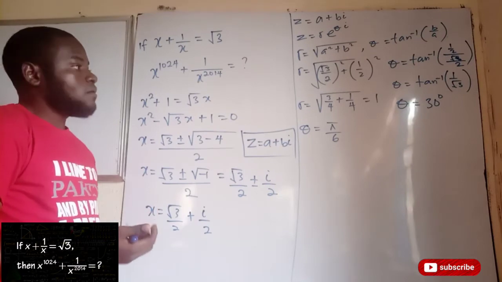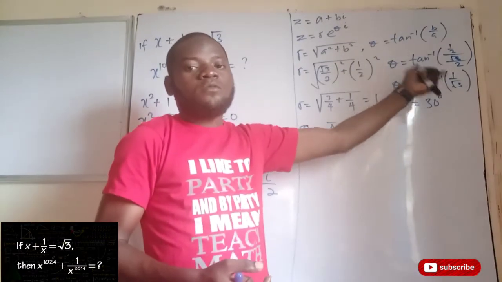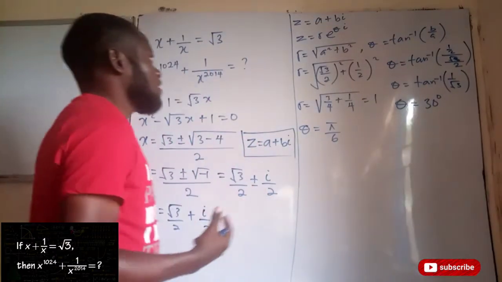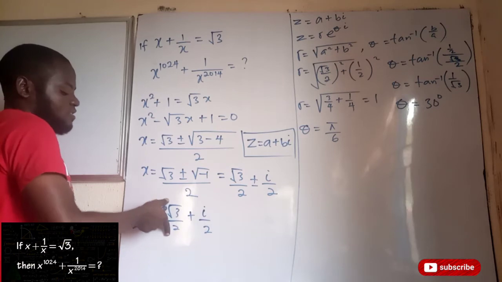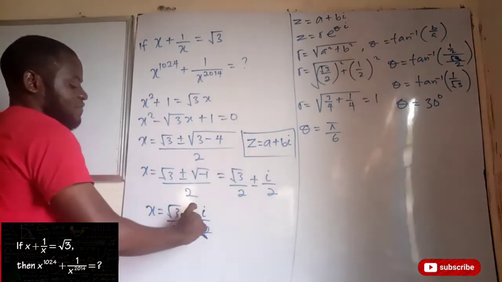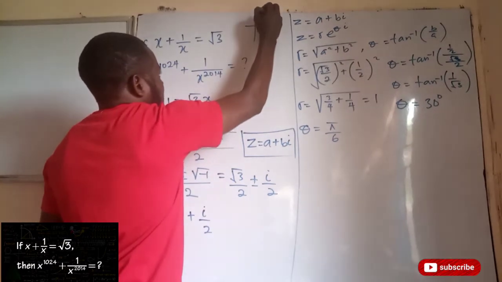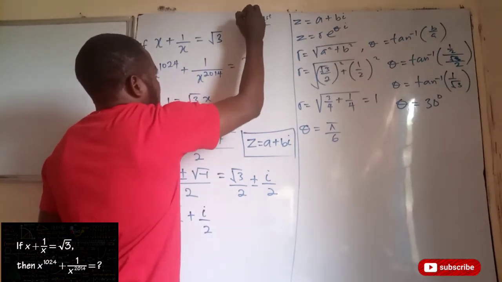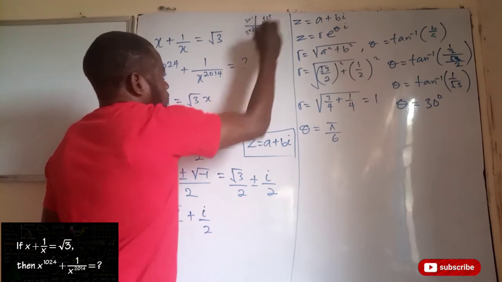Are we together? Now, this is in the first quadrant. How do I know that it's the first quadrant? If you plot the values 1 over 2 and root 3 over 2, this is positive and this is positive. This is the first quadrant, this is the second, this is the third, and this is the fourth.